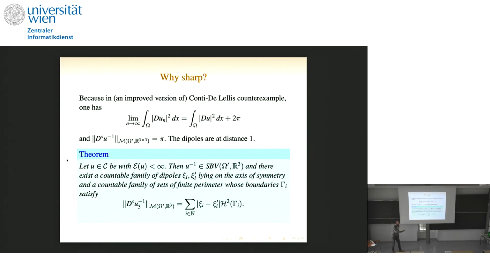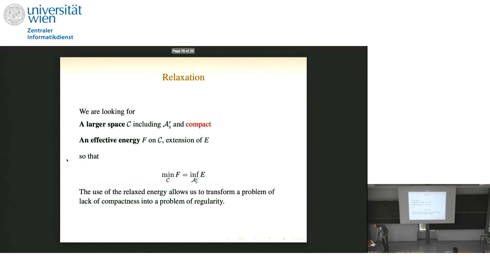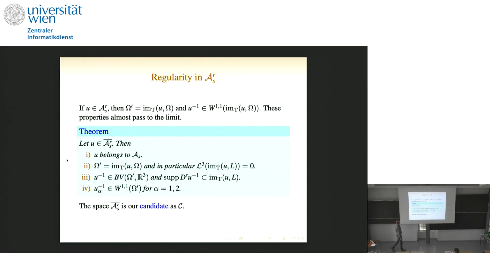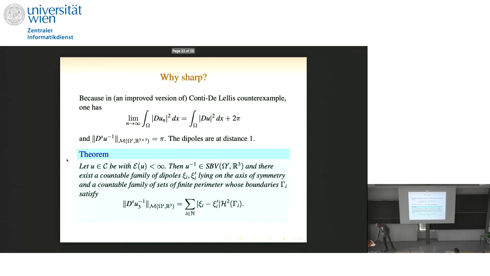Of course, to prove this, every time that you give me a function in this space, I have to provide a sequence in the original space so that the convergence of the energy is with an equality. How hard is this? A lot. We are still working on that. Okay.